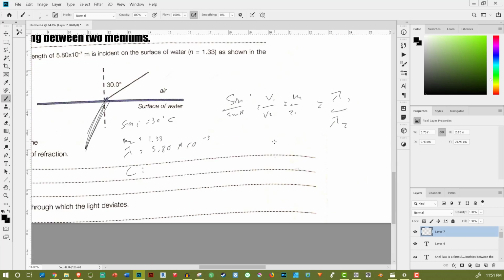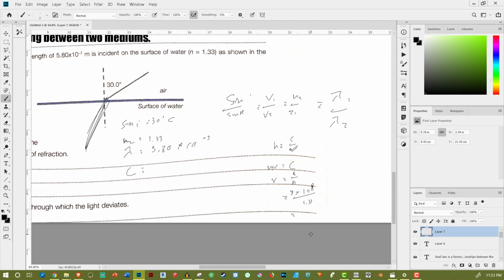N equals C. So N over 3 times 10 to the power 8. Let's rearrange this. So we want to find V. And V equals C divided by N. So that gives 3 times 10 to the power 8 over 1.33.